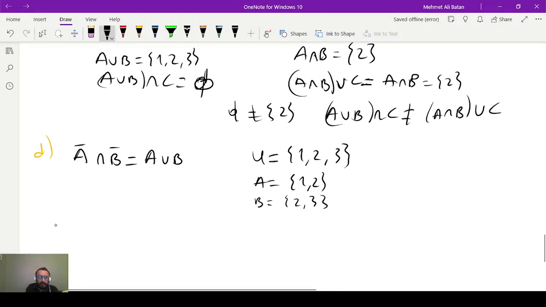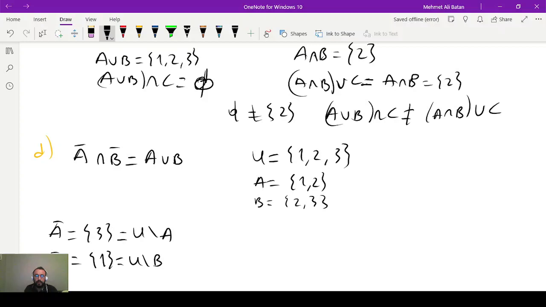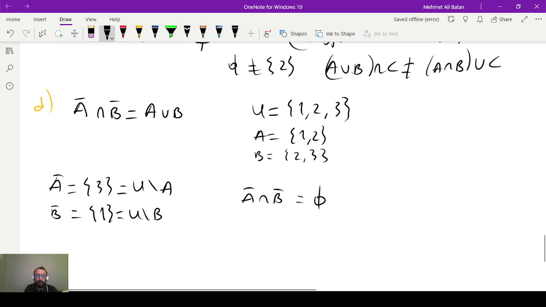So what about A complement? A complement is just {3} because A complement means U set difference A, which is just {3}. What about B complement, which is {1} only because it is U set difference B. So what about A complement intersection B complement, which is clearly the empty set. What about A union B?